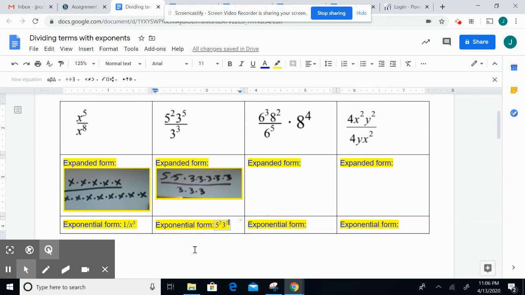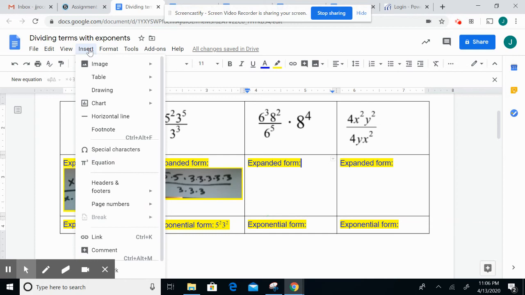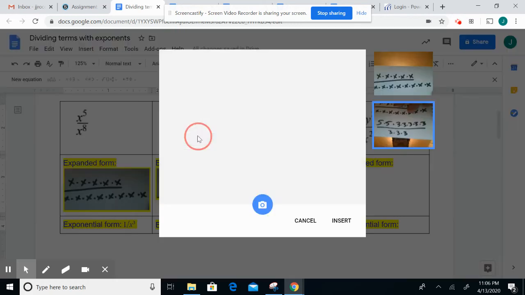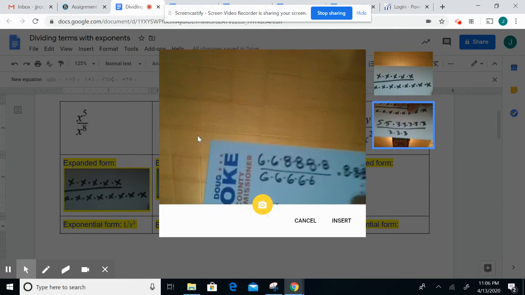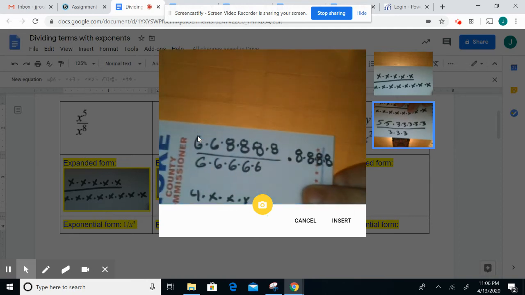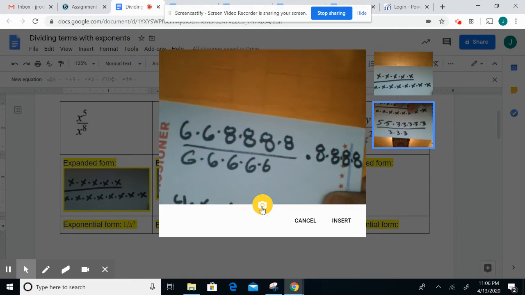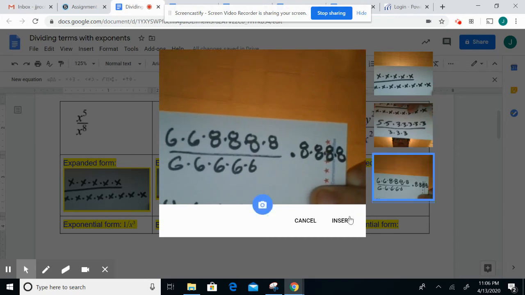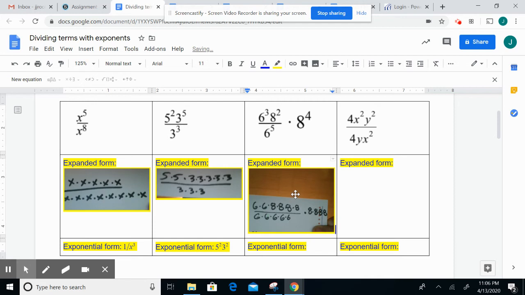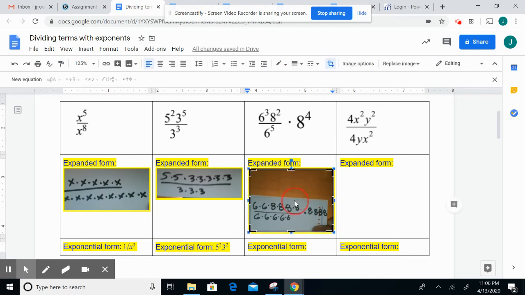So treat it as 2 separate things for now. I'm going to go ahead and insert the picture so we can talk about it. All right, so what is happening here?